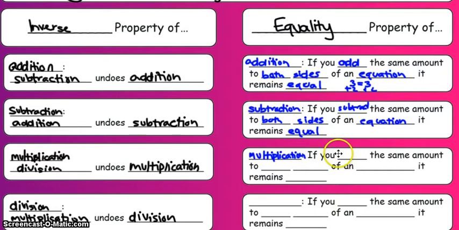If you multiply, I'm just going to write MULT, the same amount to both sides of an equation, it remains equal.